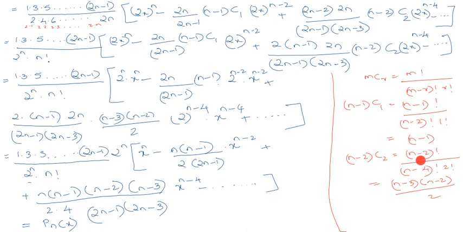So from the numerator and denominator, all terms up to n minus 4 get cancelled, and what is remaining is n minus 3 into n minus 2. That is written here, n minus 3 into n minus 2, and divided by 2 factorial, which is 2. So in the place of n minus 2 into c2, we are going to substitute this. So we are writing here n minus 3 into n minus 2 divided by 2.